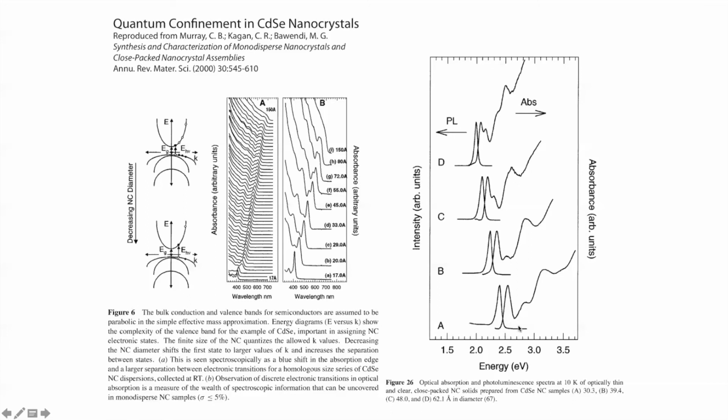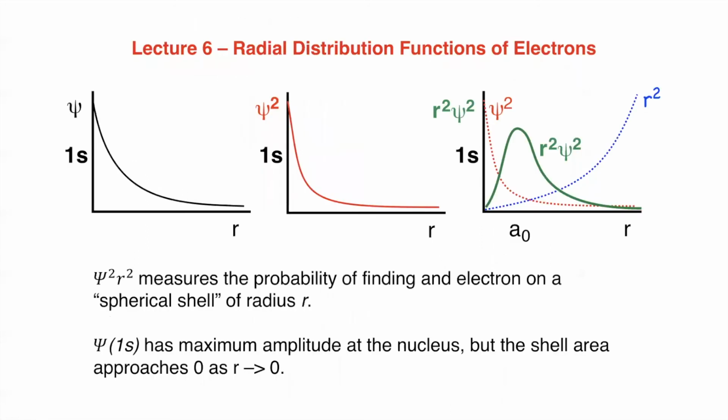So here's the lowest, there's the next, and so on. And as you go to higher energy, the spacings get smaller. Okay, so you can see all of that. The photoluminescence sits right on that HOMO-LUMO transition. It's all very neat and tidy, like you would predict from the Brus equation. All right, so let's take a little bit closer look at some of this.